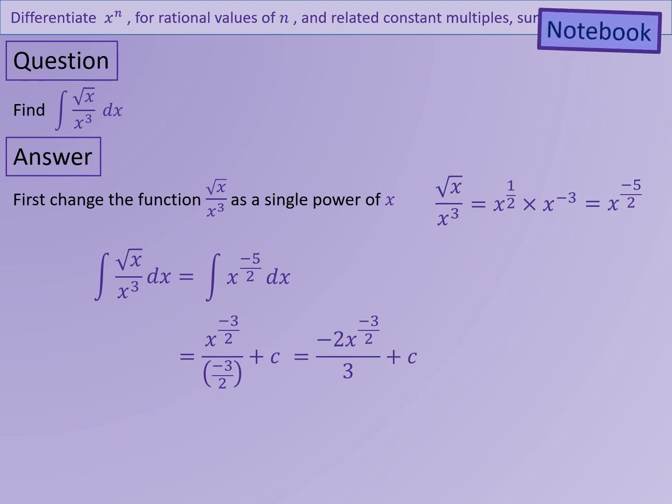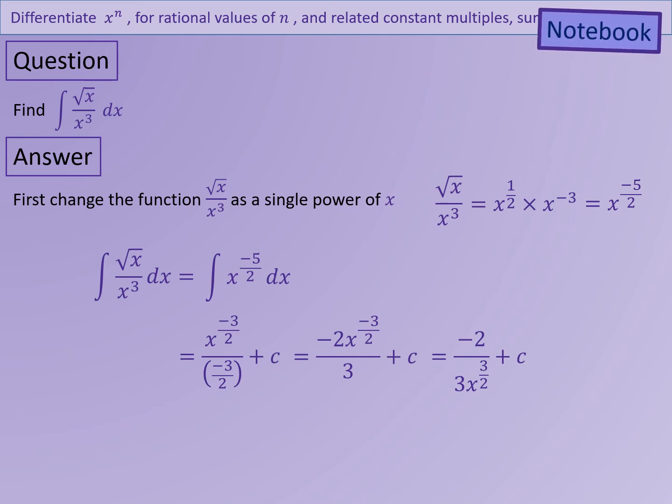If I was having to sub in a value of x, I probably wouldn't bother doing all of this simplifying, but I need to because I don't have that value of x. So the last thing I'm going to do is to get rid of this negative power. And we learnt in the first term that when we have a negative power, it can go onto the bottom of the fraction, the reciprocal.